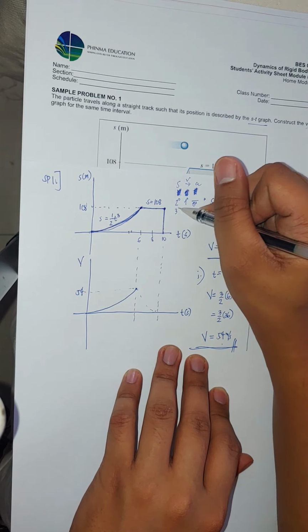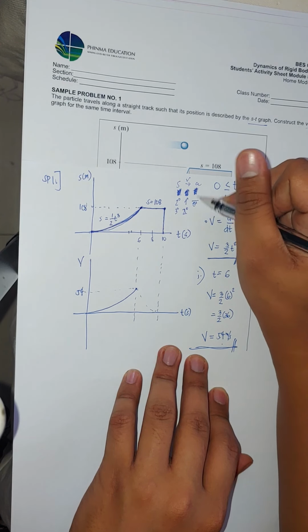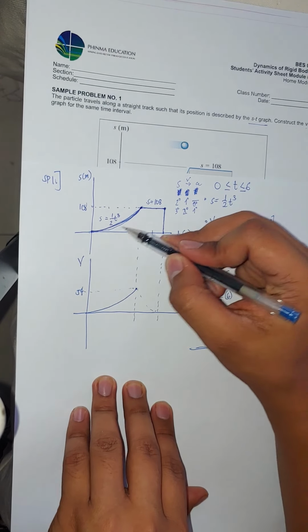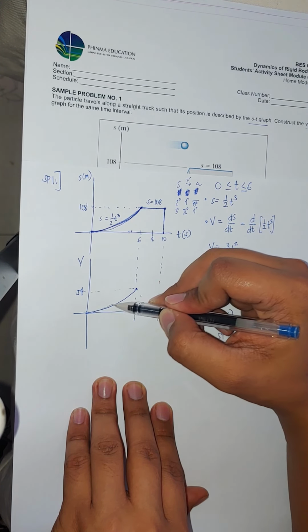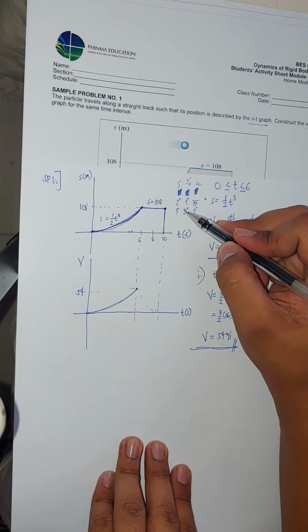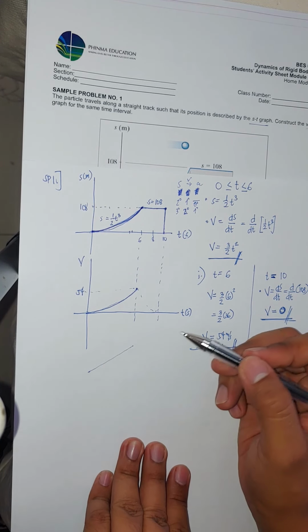If the position is third degree, the velocity is second degree, and the acceleration is first degree. So that's why it looks like this: a third degree curve and then a second degree curve. For acceleration on this side, the curve goes from second degree to first degree, so that is already inclined and then a line.